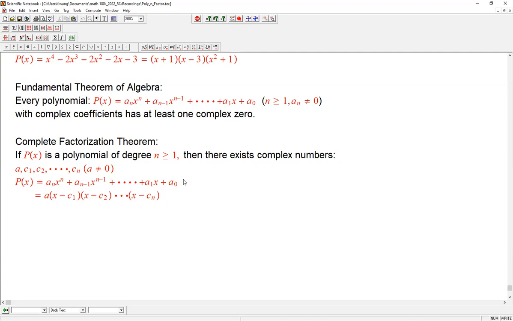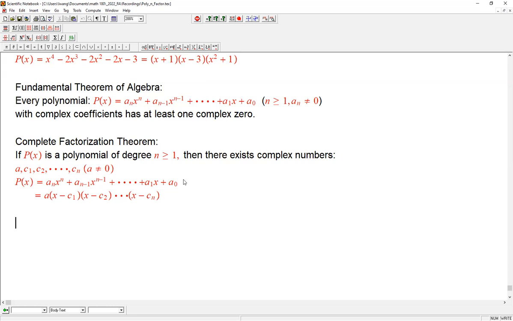So every polynomial can be factored. This applies to complex polynomials, and for real number polynomials, it certainly applies too.